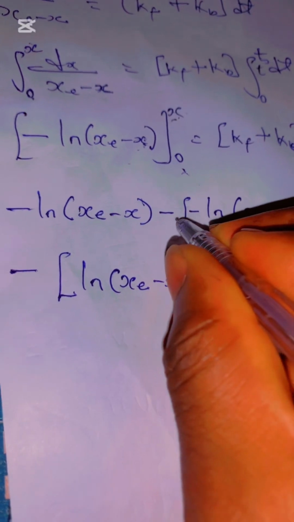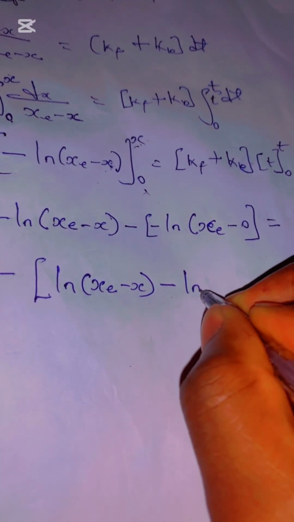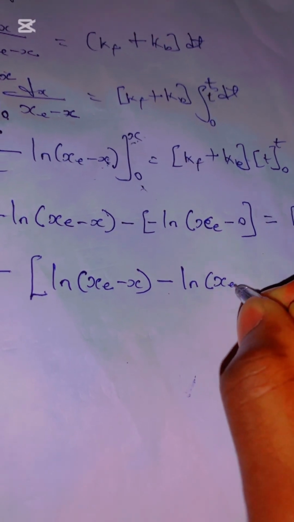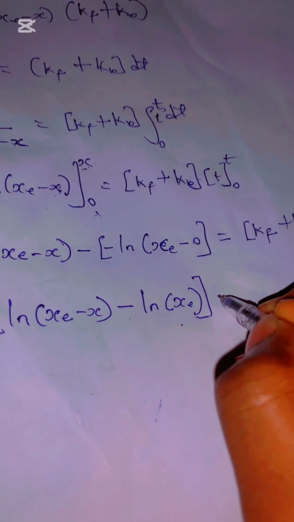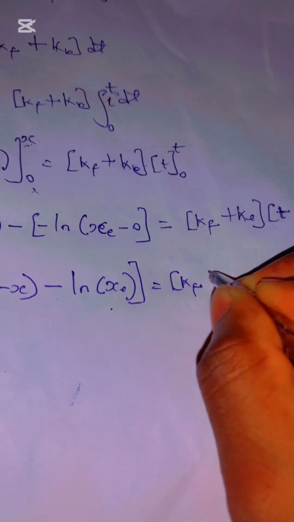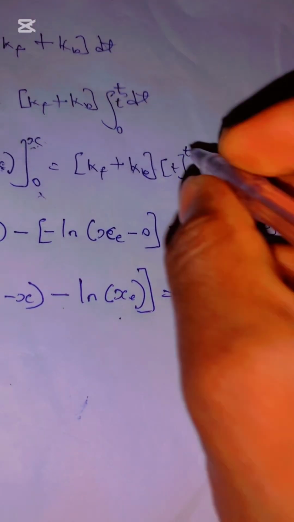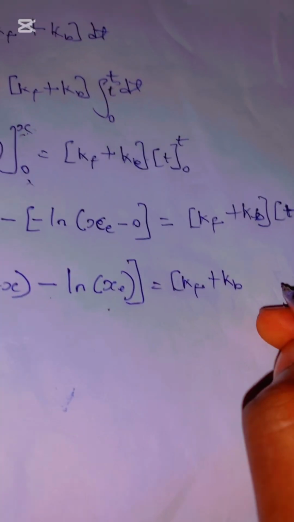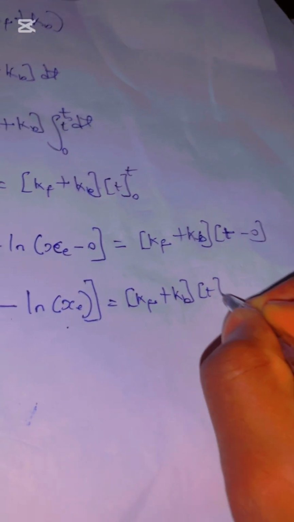If I bring out one of this minus, it will mean just one minus, and then I have ln, open bracket, xe alone, because xe minus 0 is xe, close your bracket, is equal to, I'm going to have open bracket kf plus kb. Please, this is kb, not ke. Kb, good. And then I have t minus 0 is what? I have my t. Confirm.